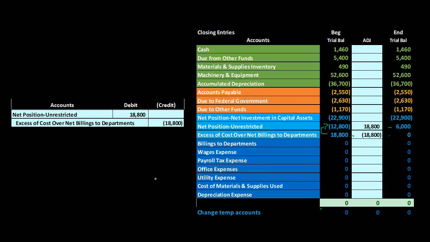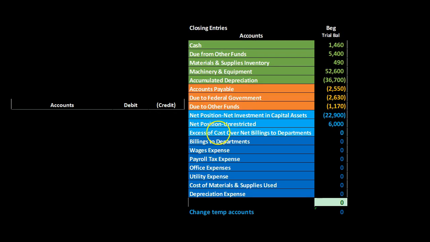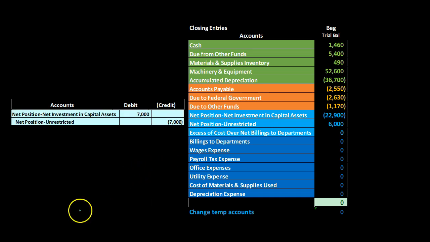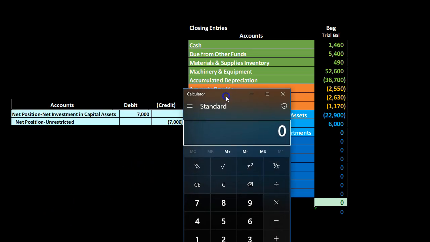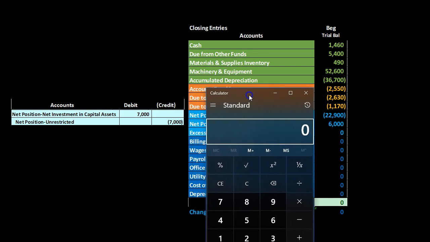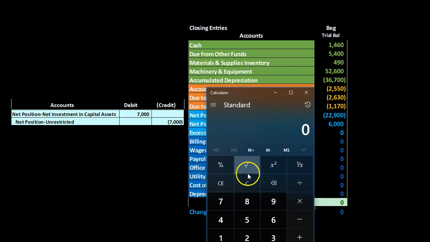Now, the next thing we're going to do is have this adjustment between these two accounts, the net position, net investment in capital assets, and the net position unrestricted. So we're going to adjust these two accounts. And I'm going to do this here. We're going to say that we've got the machinery and equipment and the related accumulated depreciation. That's going to be the investment in the capital assets. That is at 5,600 minus the 3,700.